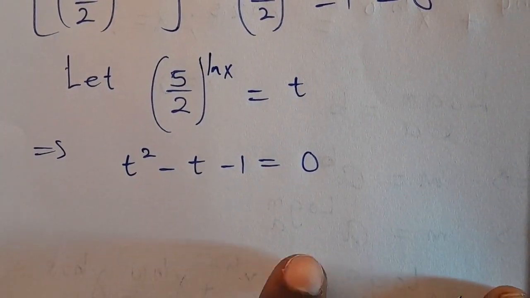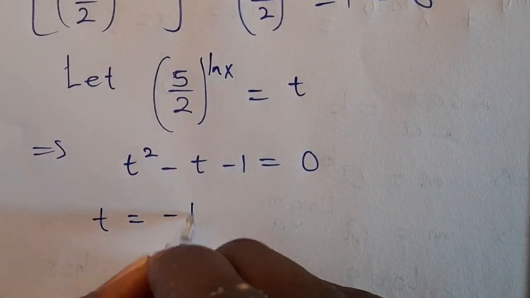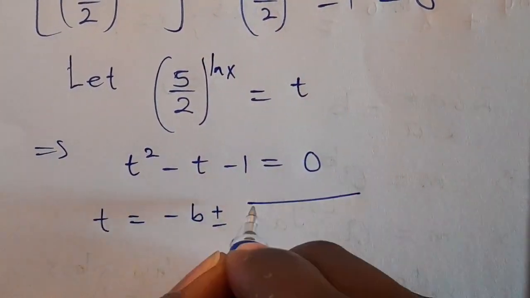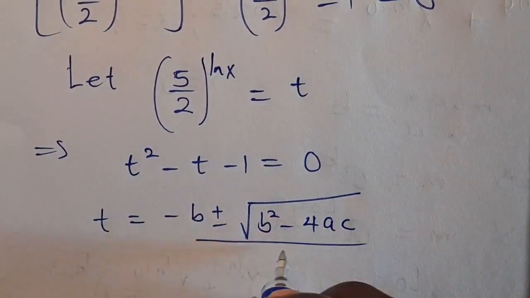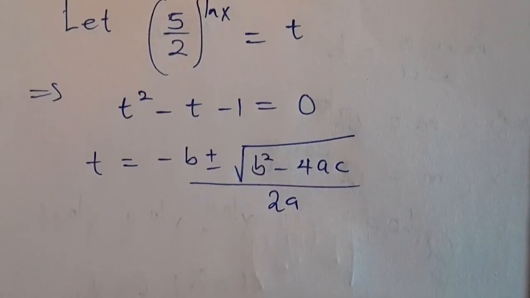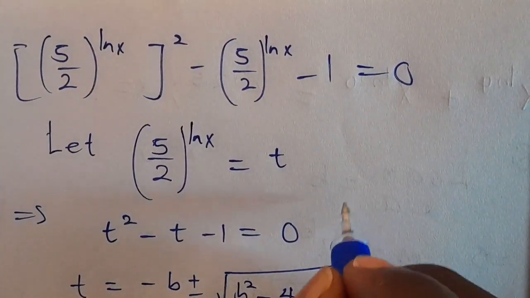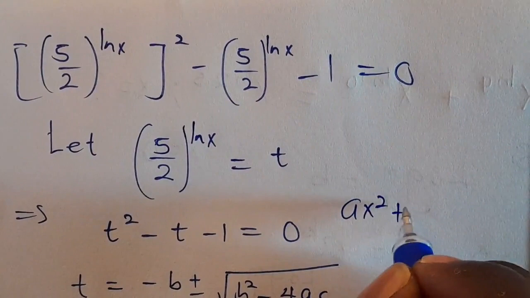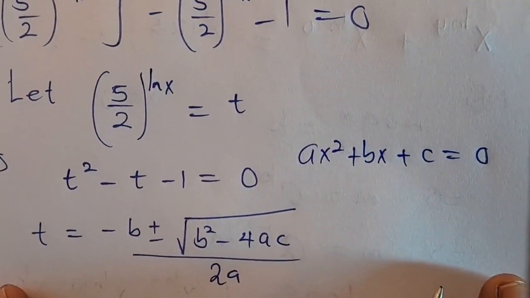Now, from here, we can solve this using the quadratic formula as t will be equals minus b, positive or negative, square root of b squared minus 4ac, then all divided by 2a. Now, from here, we can easily get our a when you compare with ax squared plus bx plus c equals 0.